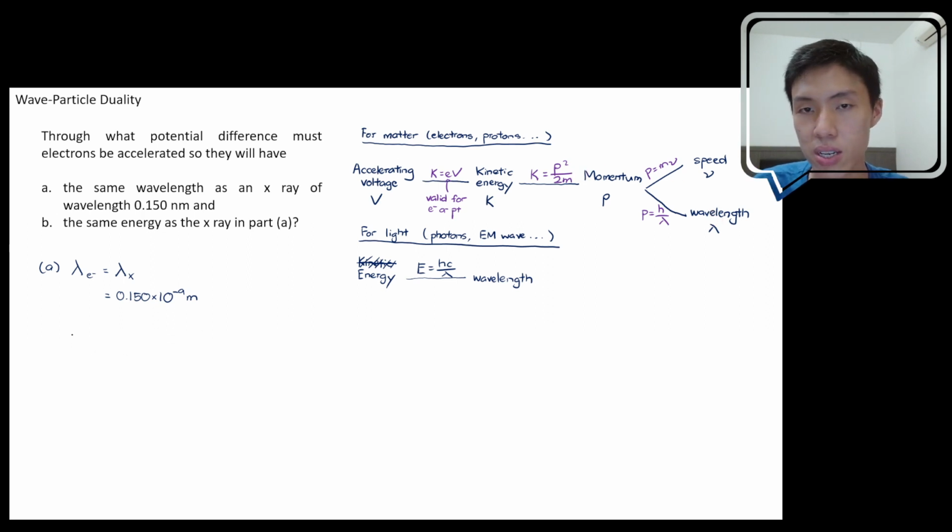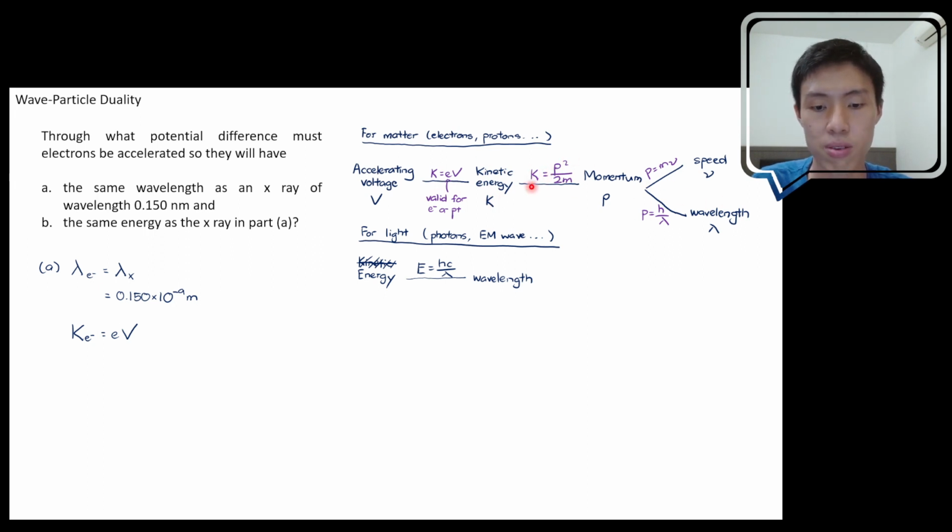So how do we get the equation? First, we start with the relationship between accelerating voltage and kinetic energy, which is K equals eV. K of the electron is equal to eV. Since it's an electron, this equation is valid because this is the elementary charge, no problem. Now we substitute K with p squared over 2m to extend it until we reach the wavelength.